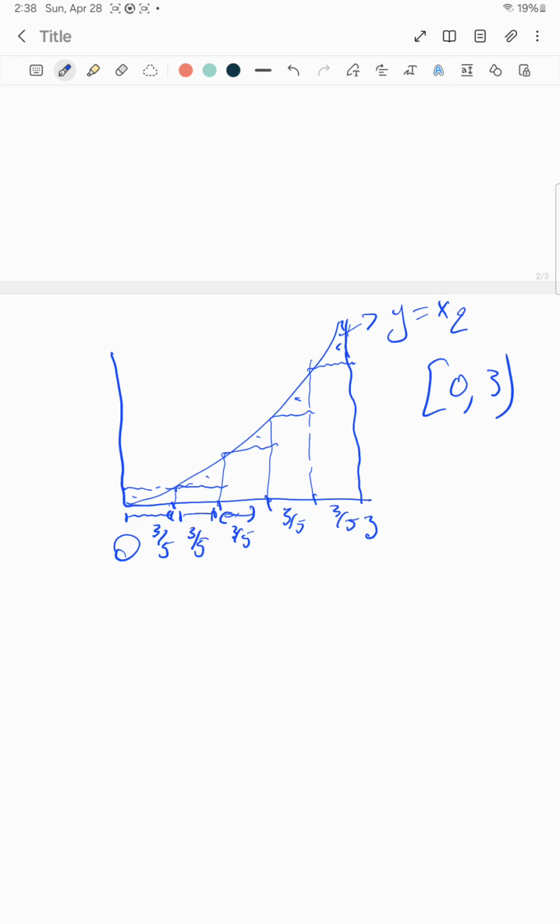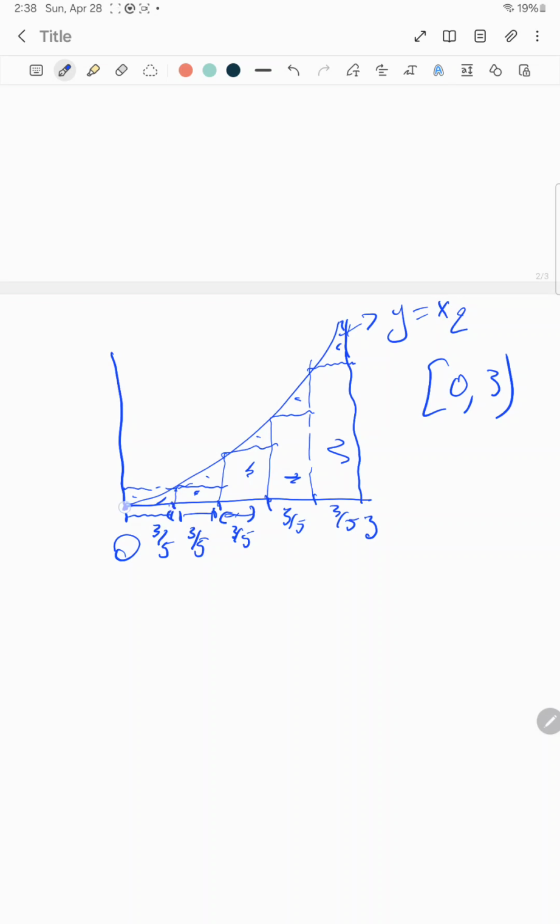So if I want to have the area under this curve, all I have to do is have the sum of the areas of the 5 rectangles that are here. Because it's an approximation, I will have it more accurate if I start the first rectangle with its height equal to 0.